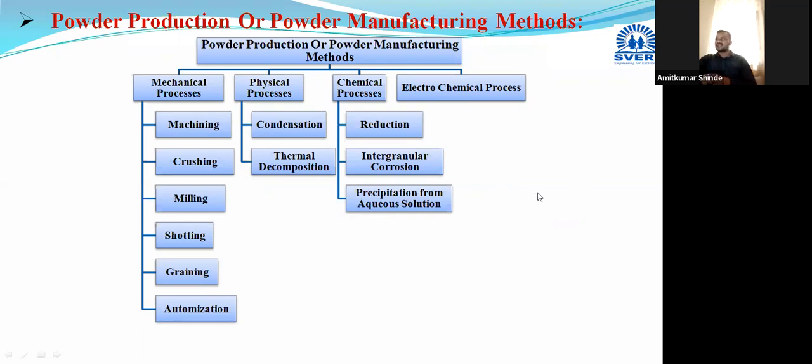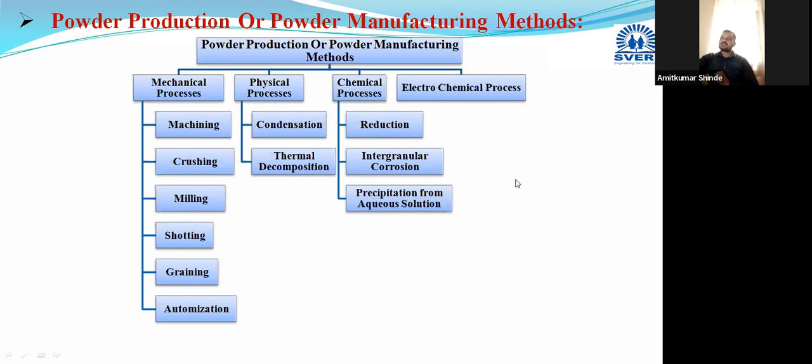A high density current is passed. Then from that aqueous solution, the respective powder particles are collected on the cathode. This is the concept used in the electrochemical process, also known as electro deposition.